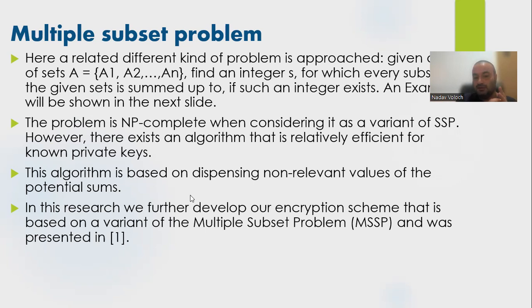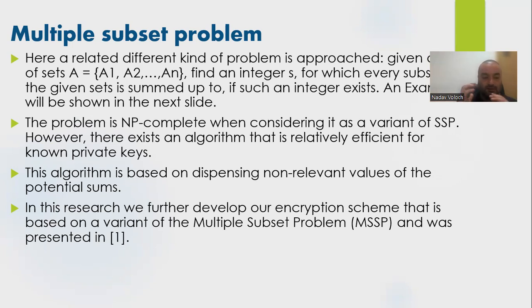This problem is NP-complete because we consider it a variant of the subset sum problem, and it's even more complex. But there's actually an algorithm that is relatively efficient if we have no private keys. This algorithm is based on dispensing the non-relevant values of potential sums.